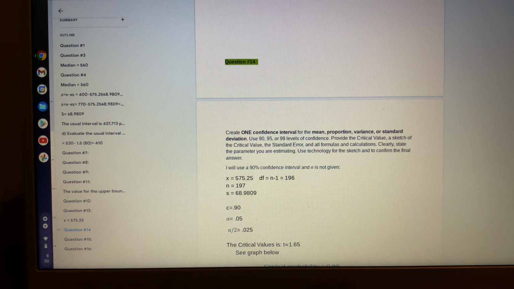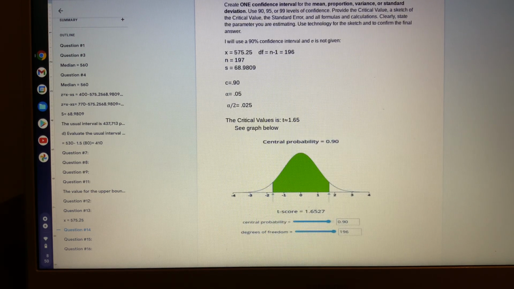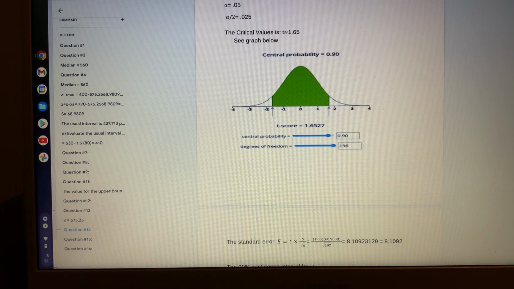Doing so, I was able to input the degrees of freedom and my 90% confidence interval, which gave me the t-score of 1.6527. I therefore rounded it to 2 decimals, so t is approximately 1.65.